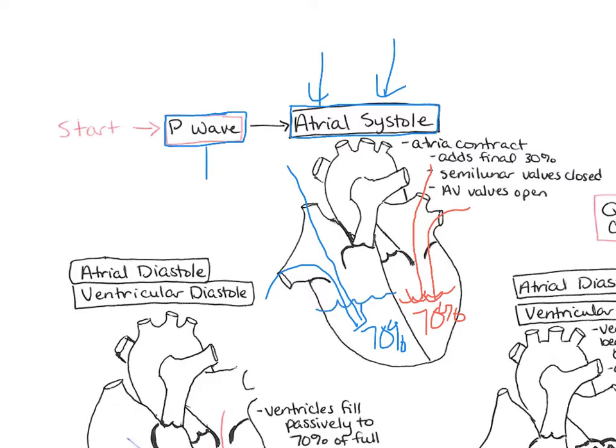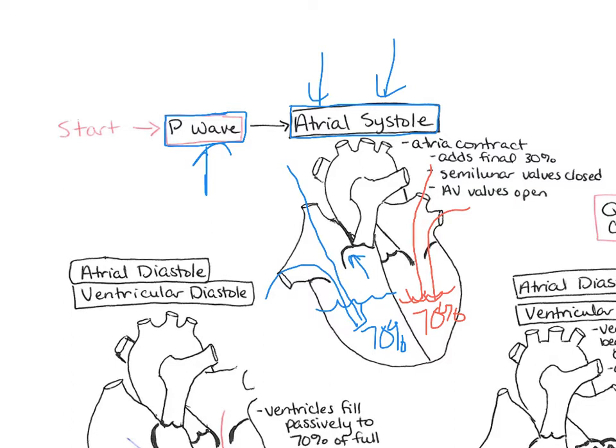And that's where we actually start. That's when the SA node becomes stimulated, we get that P wave, and then we're going to get the atrial contraction.